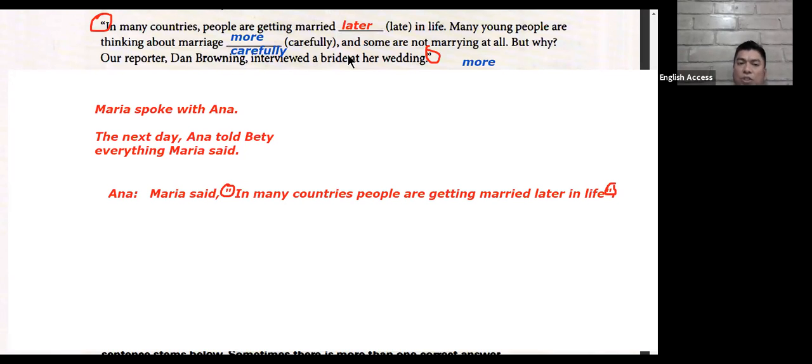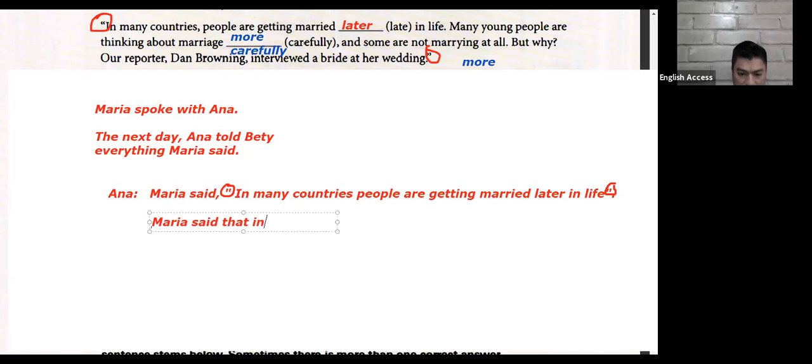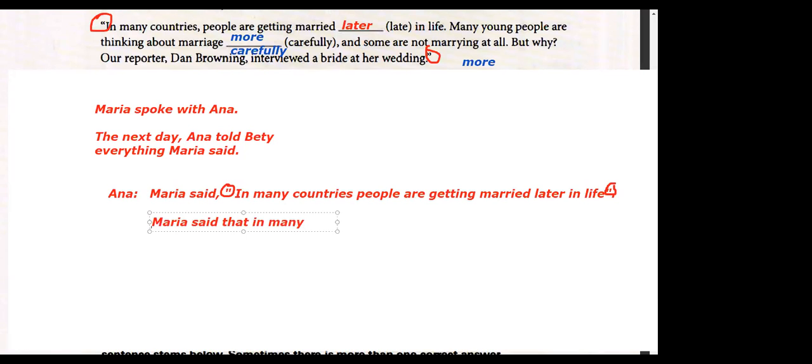In reported speech, there are no quotation marks. So we can say Maria said that in many countries people were getting married, because we changed the tenses, right? Yes, that's right.